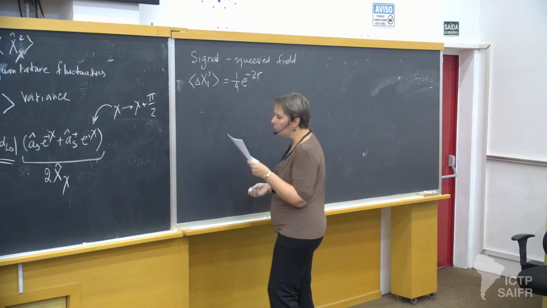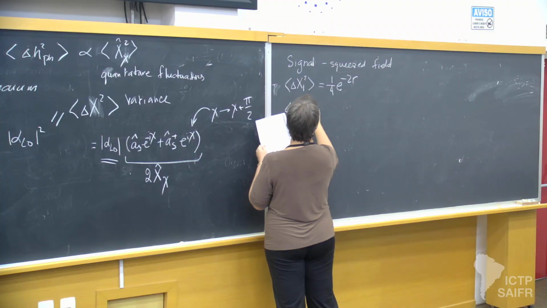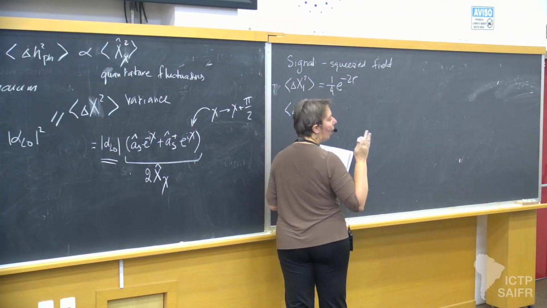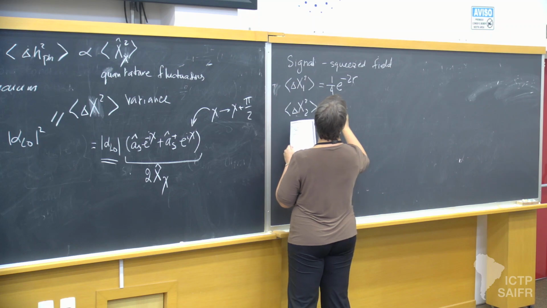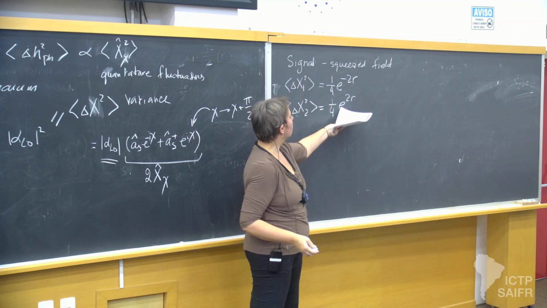R is a kind of squeezing parameter. But if you change the phase of the local oscillator by pi over 2, then of course you will be at the anti-squeezed quadrature, which is e to the plus 2r.